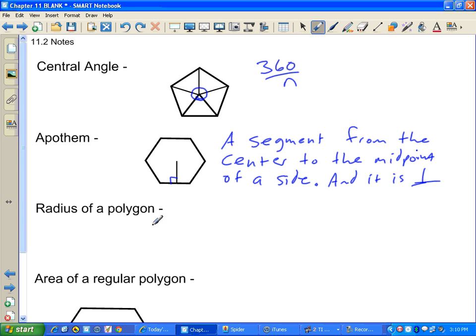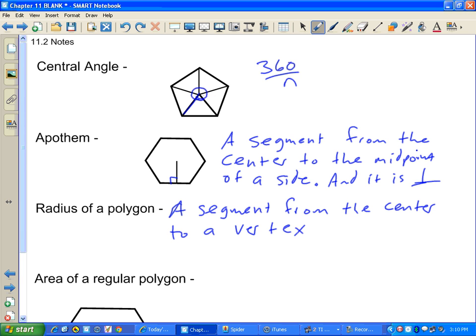And then we've got a radius of a polygon. A radius is a segment from the center to a vertex. So that would be like one of these lines.